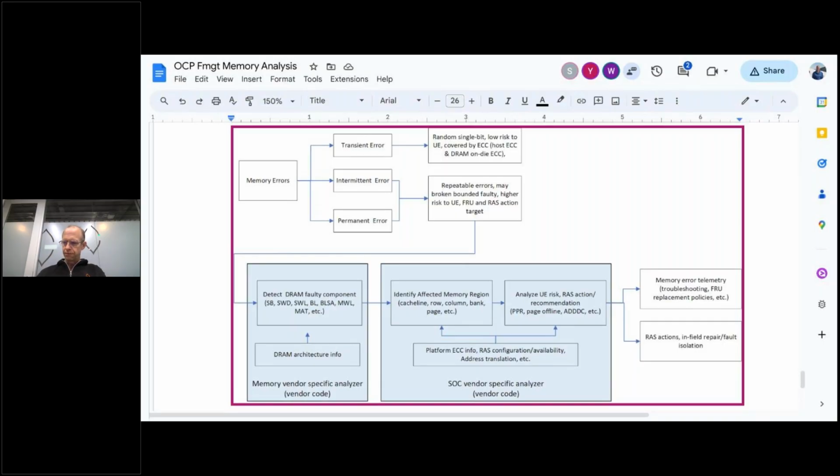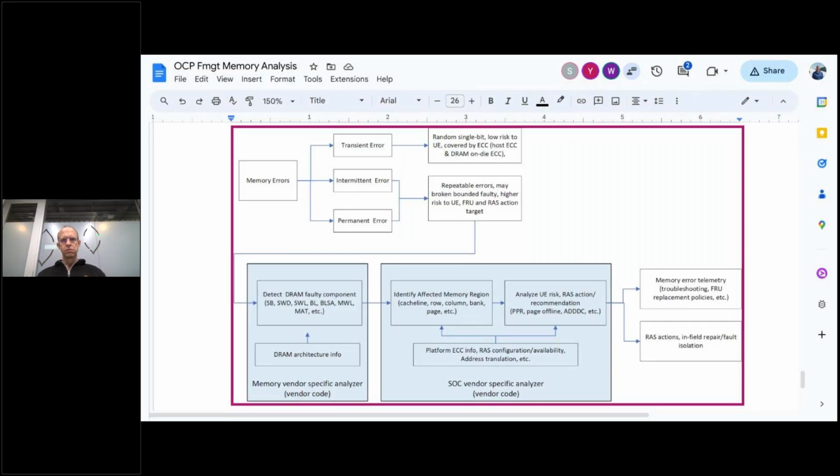From the fleet scale, or for our work group, maybe our target should be focusing on how we can handle the intermittent and permanent errors, as this is the target error for which we define the RFU policy and the RAS actions. And for intermittent or permanent faults, the first thing we need to do is identify the DRAM fault component.